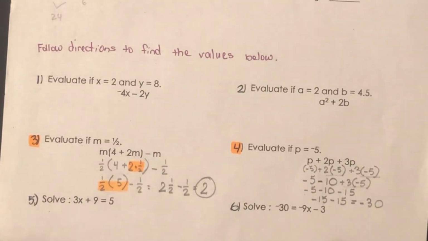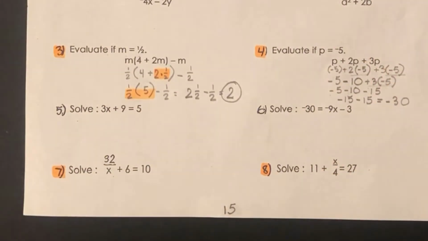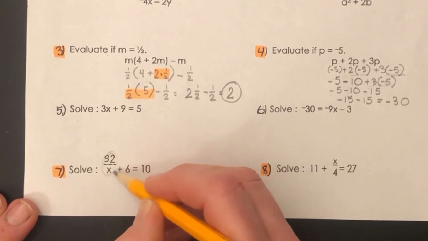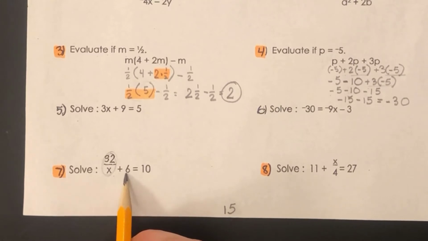All right, now let's do the bottom ones together. Like I said, these are 2-step equations. So here's our variable term. The first thing we need to do is get the variable term by itself, which means we have to get rid of the 6.